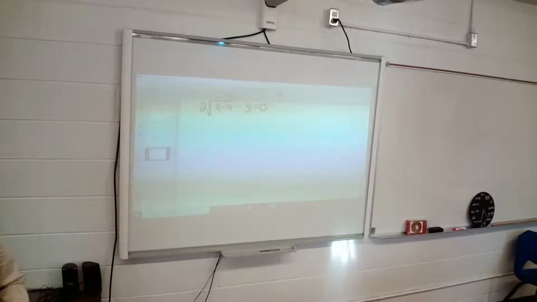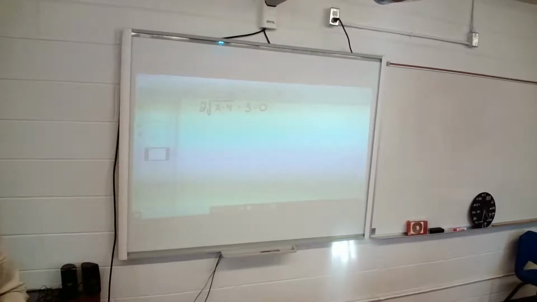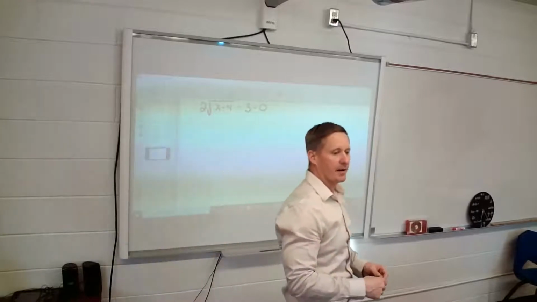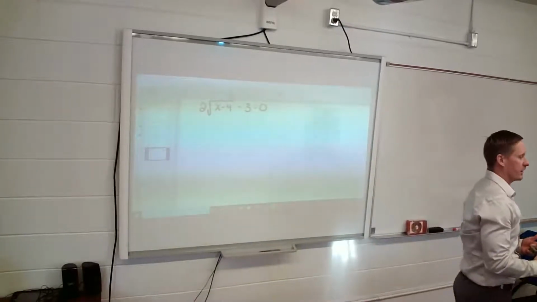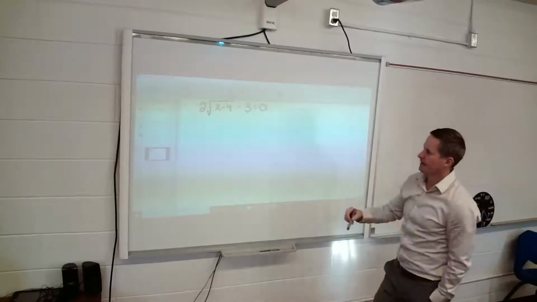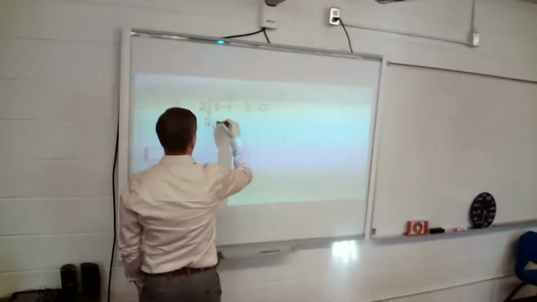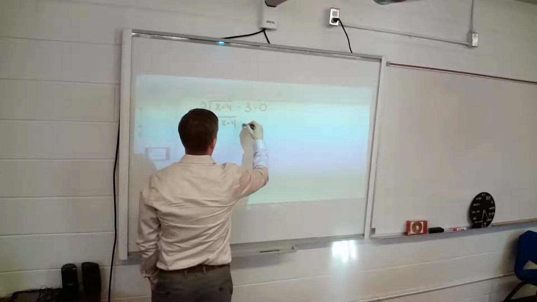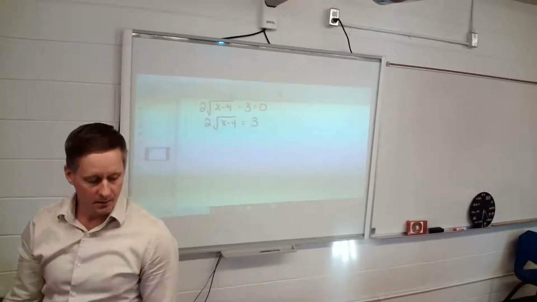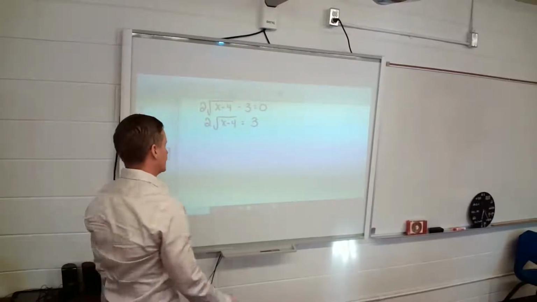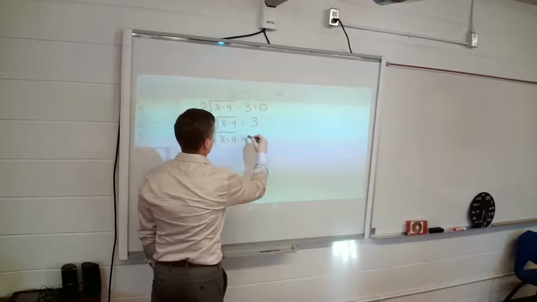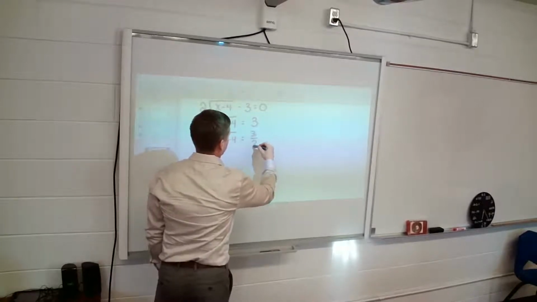So right now, how would I solve this equation? How would you solve that equation if I presented it to you as it looks right there? What would you do first? Add 3, okay. Times by a half or divide by 2? Sure, we can work with that.